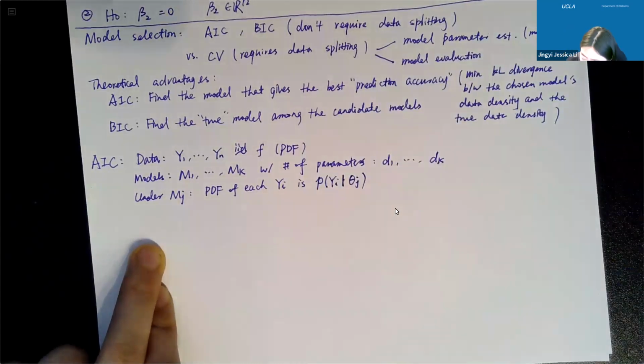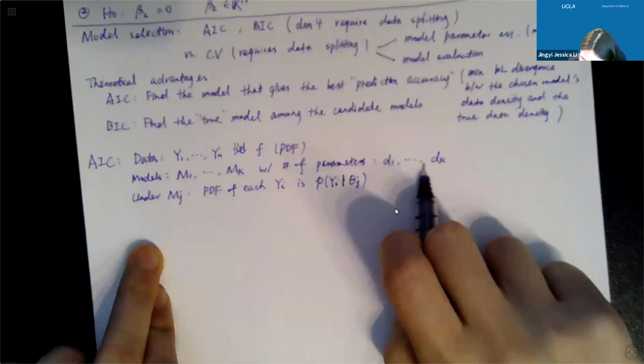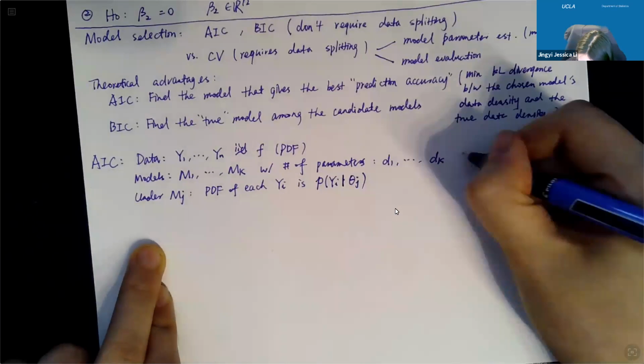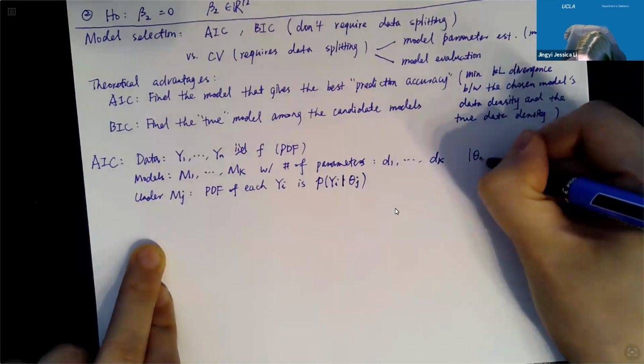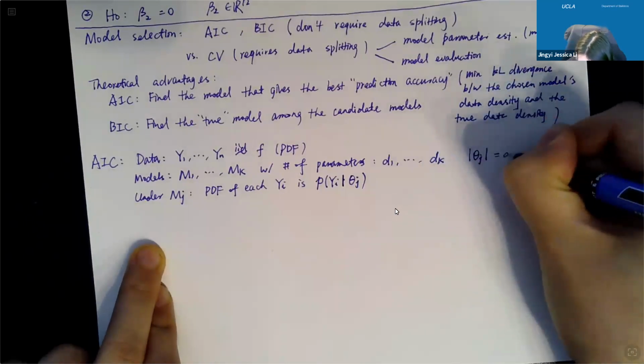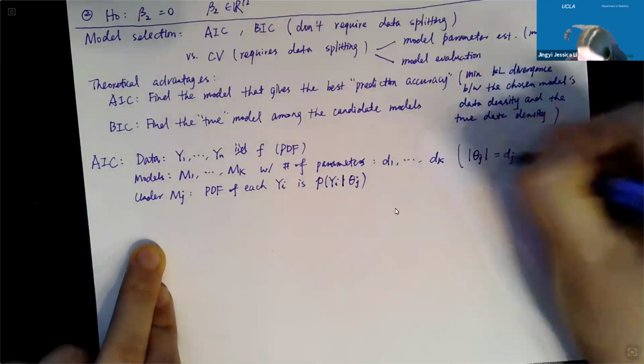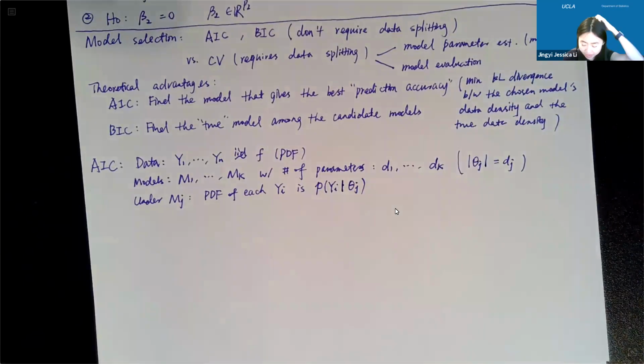With number of parameters d1 to dk, this essentially means that we call the parameter theta j and its dimension is dj. So model J has parameter theta j.